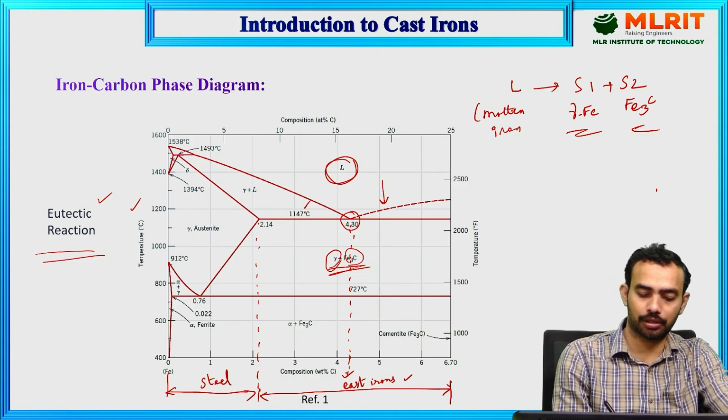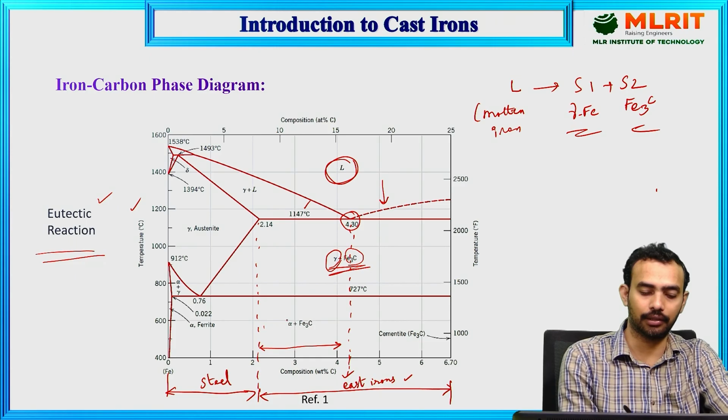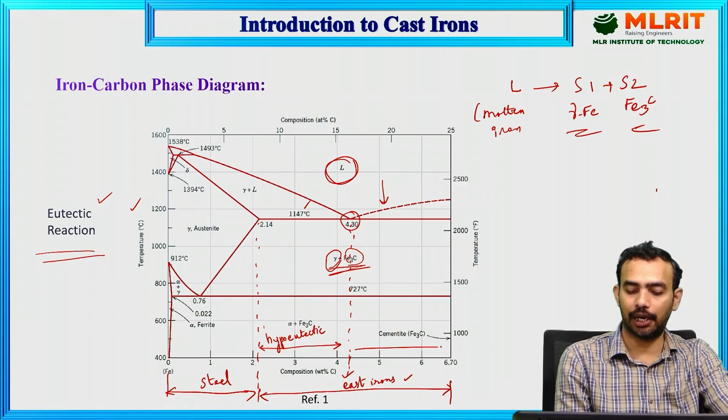Up to this, from 2.14 to 4.3, we call these the hypoeutectic cast irons. This is the hypoeutectic region, and from here to here, as we have discussed, it is hypereutectic.